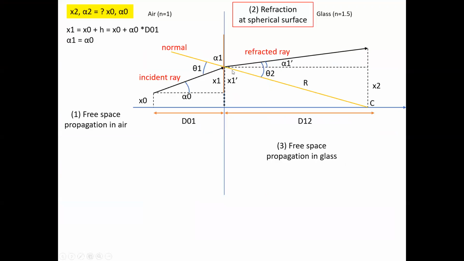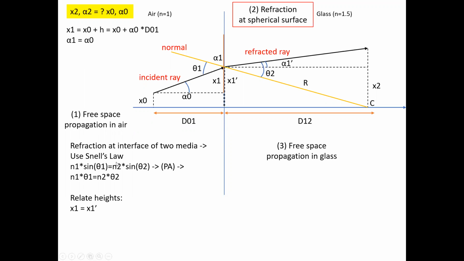Now let's see what happens. We have to define the angles. The incident angle, which means the angle subtended by the incident ray with the normal, I've defined as θ1. And the angle subtended by the refracted ray with the normal, I've termed θ2. We will use Snell's law for refraction at the interface of two media: n1 times sine θ1 equals n2 times sine θ2.